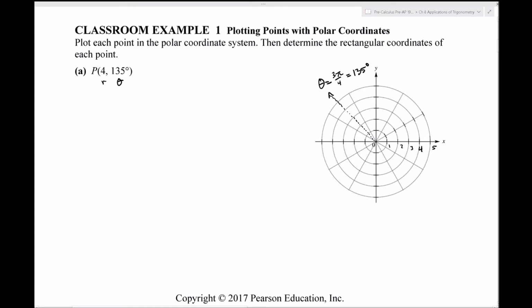So if you set an angle equal to a constant amount, it's a line from the pole a certain angle out, whatever the angle is. Okay, so we're talking about what point? This point. That is (4, 135). And we're done with the plotting of it.